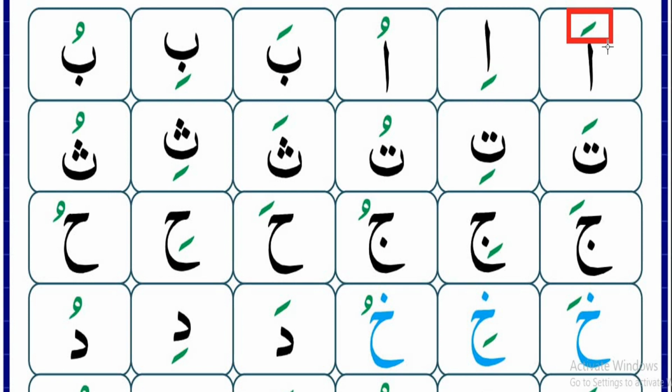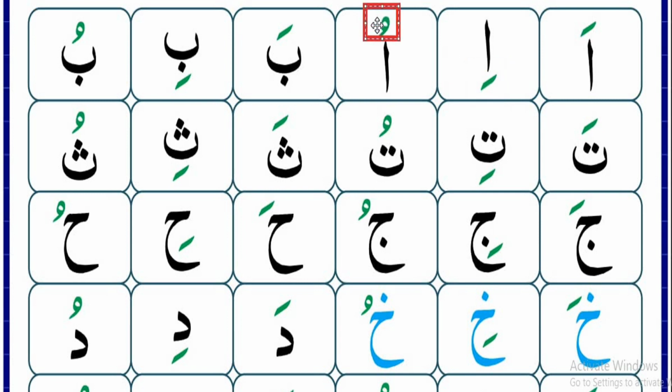The one on top of the letter is called Fatha. The same sign, if it is under the letter, is called Kasra. So one is Fatha, the other is Kasra.